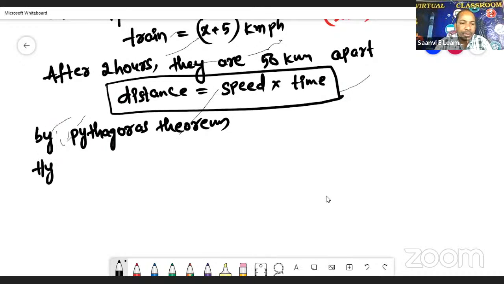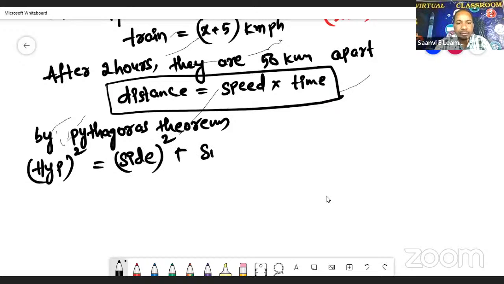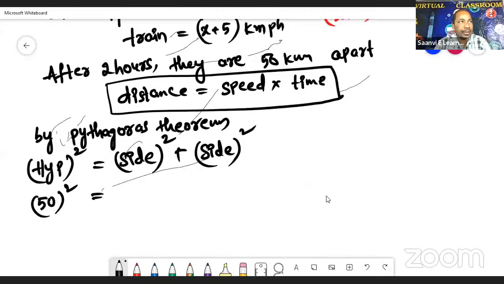Hypotenuse square is equal to side square plus side square. So here, what is the hypotenuse? Hypotenuse is given as 50. 50 square is equal to side square plus side square.